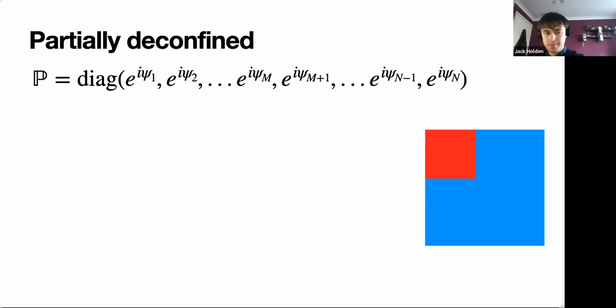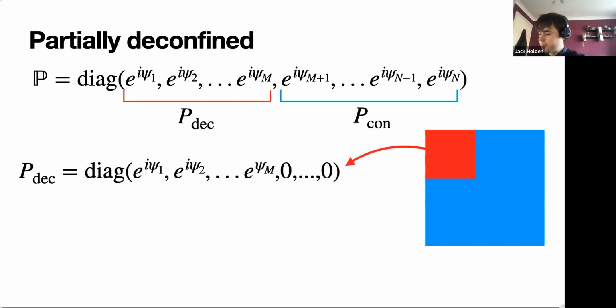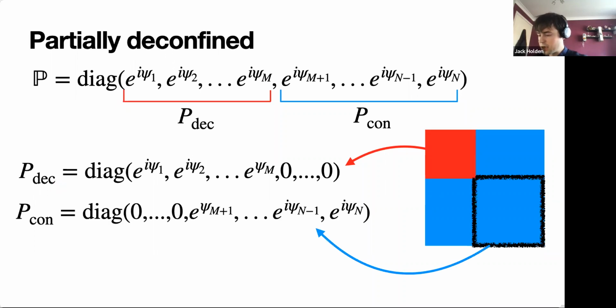So to form these, we project onto the confined and deconfined subsectors. We form this object, P-dec, by projecting out the confined sector, and so we have zeros for eigenvalues which correspond to confined eigenvalues, and all the entries correspond to deconfined eigenvalues in this object P-dec.